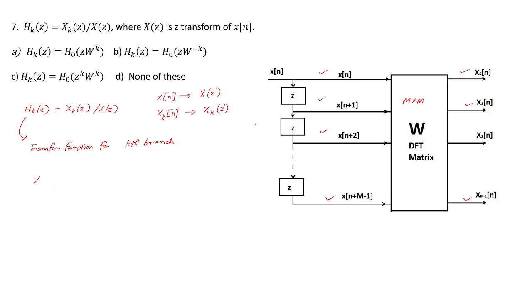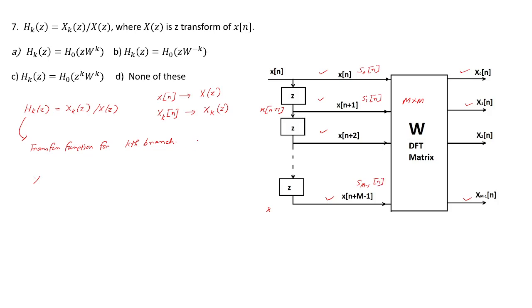By the way, we can denote this x[n] as s_0[n], x[n+1]. Here the output is x[n+1], advance operator, s_1[n]. Similarly, here we are getting x[n+M-1], which we denote as s_{M-1}[n].